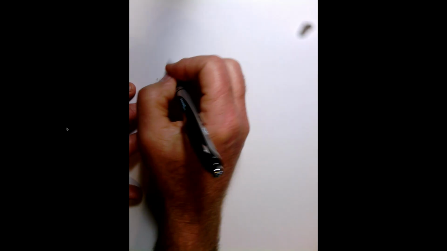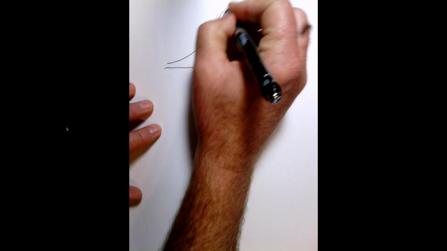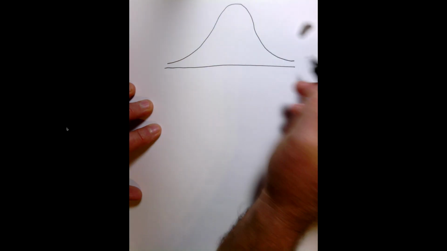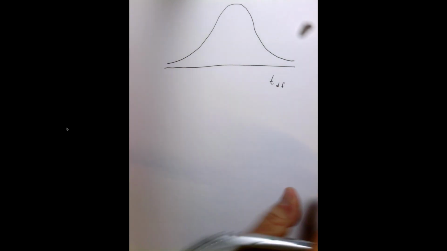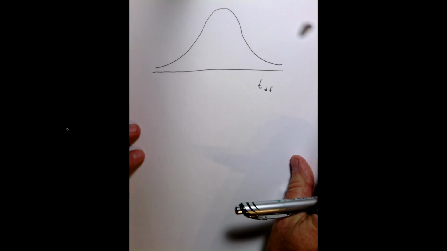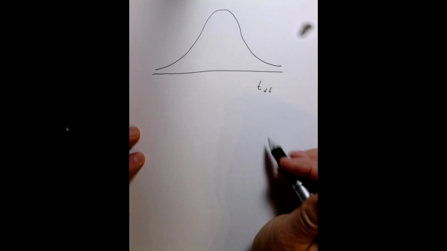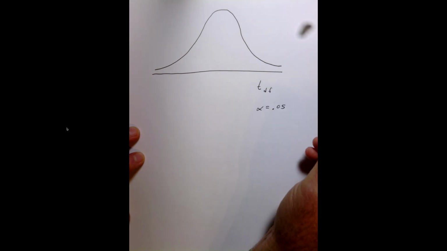So we have a t distribution. Degrees of freedom given, right? And let's say, for example, that we are testing at alpha equal 0.05.